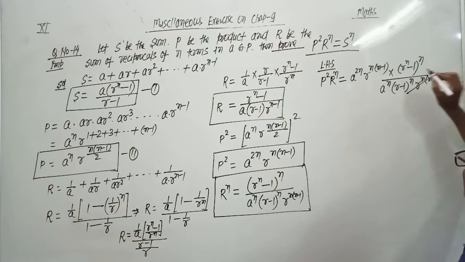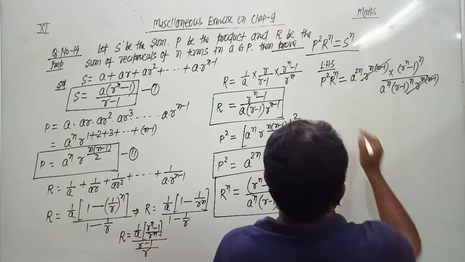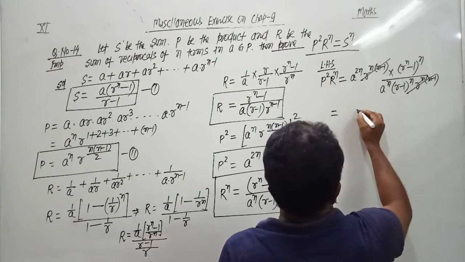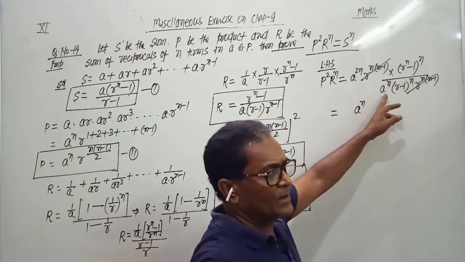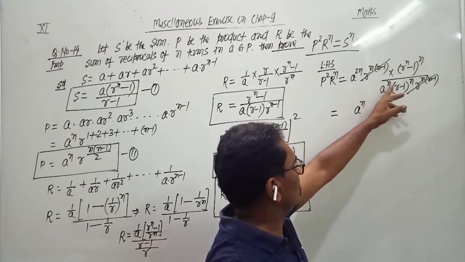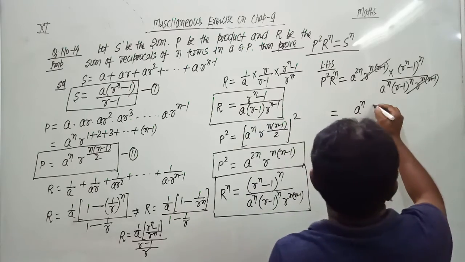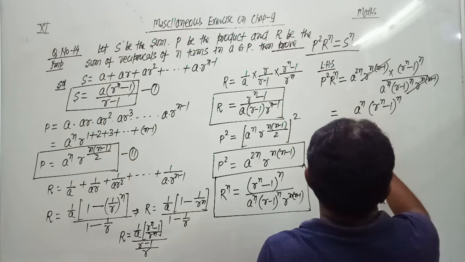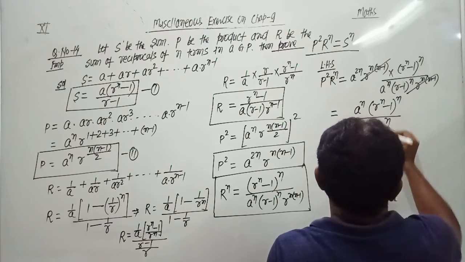Now r raised to the power n into n minus 1 cancelled, and a raised to the power 2n upon a raised to the power n, this power will go at the place of numerator. So a raised to the power 2n minus n, it becomes a raised to the power n, and r raised to the power n minus 1 whole raised to the power n upon r minus 1 whole raised to the power n.